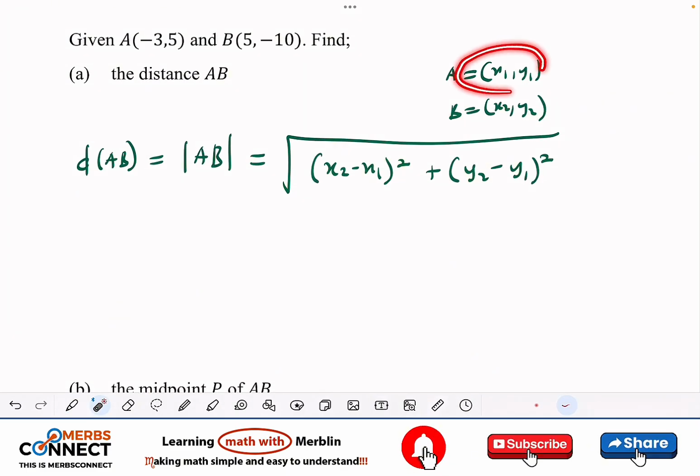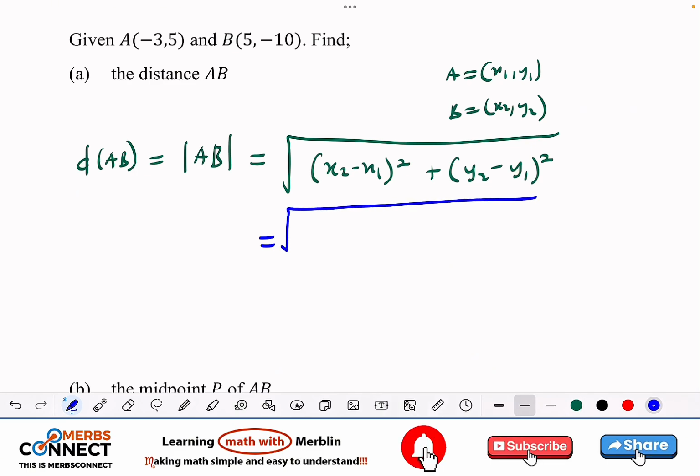Now let's compare this to that. So you can see that x1 is minus 3, y1 is 5, x2 is 5, and y2 is negative 10. So let's just plug them in. So we are going to have x2, which is 5, minus x1, which is minus 3, squared.